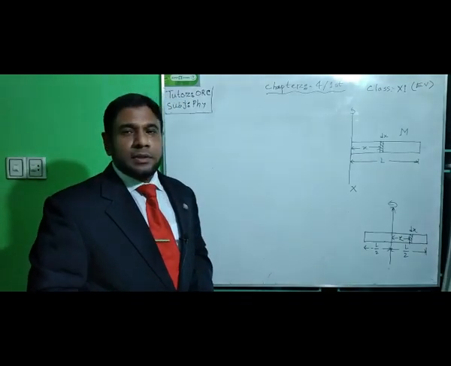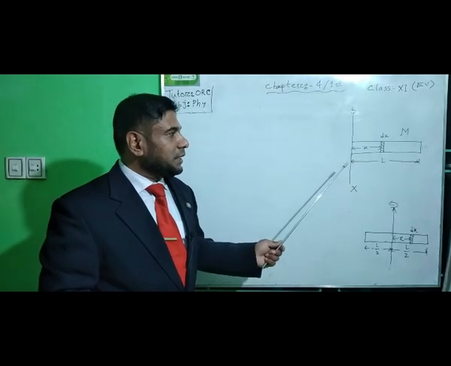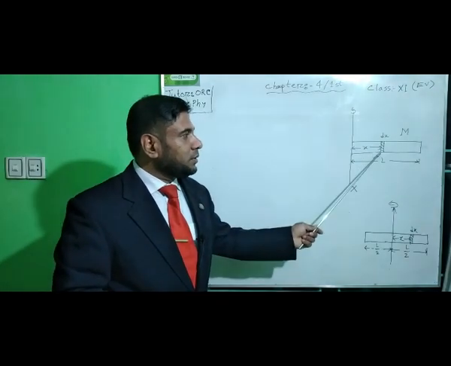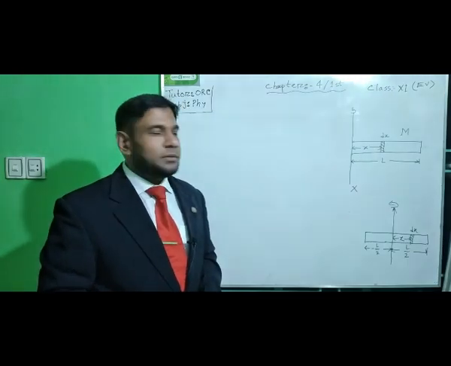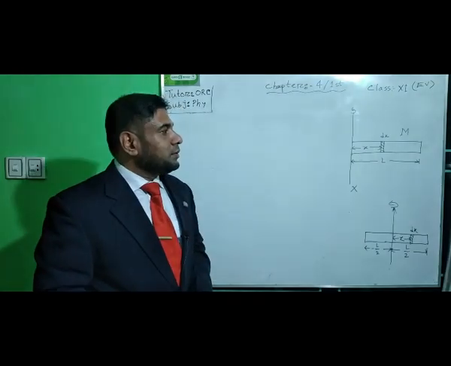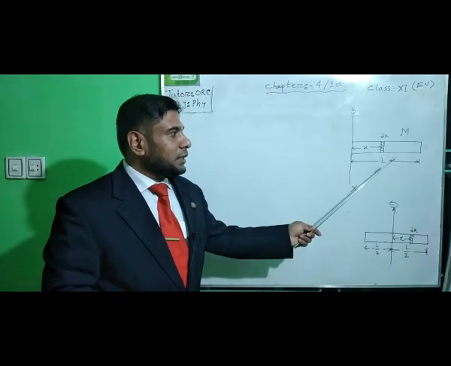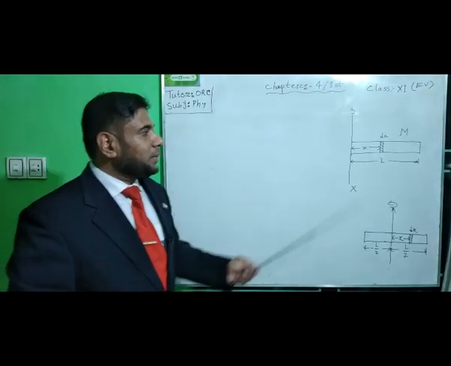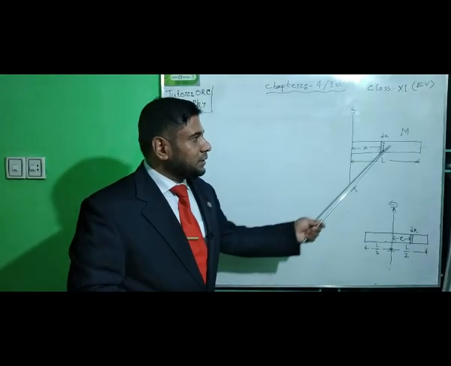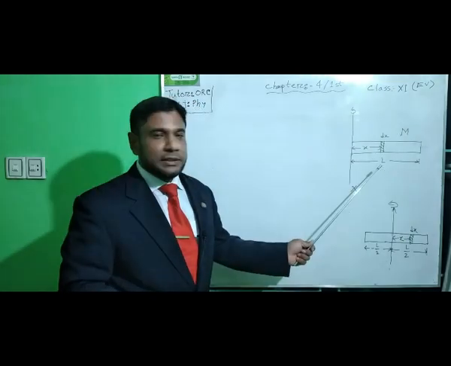First of all, we will find out the moment of inertia for a smallest division of that rod. Then with the help of integration we will find out the moment of inertia for the full length of the rod. Suppose the mass of the thin rod is m kg and the total length of the rod is capital L.